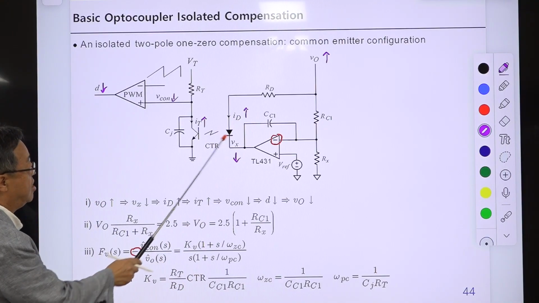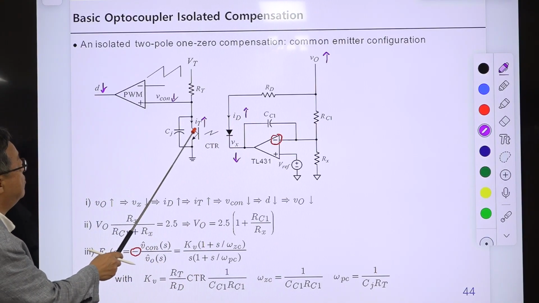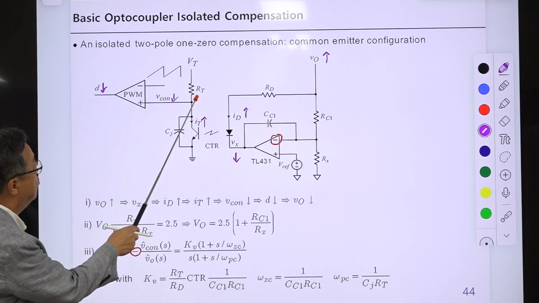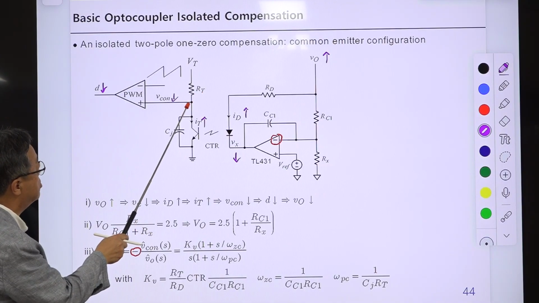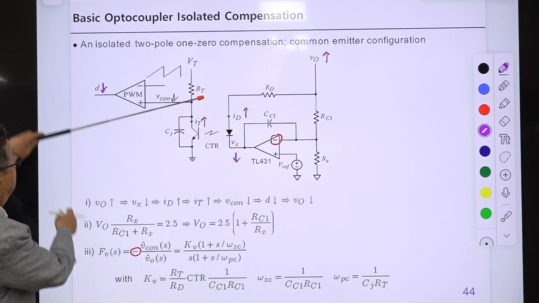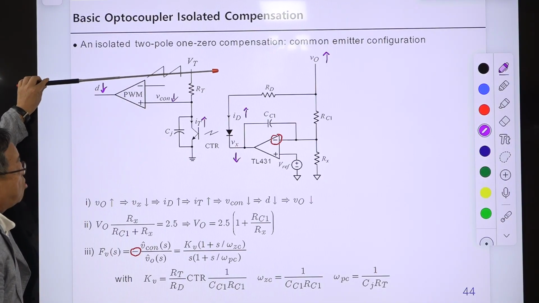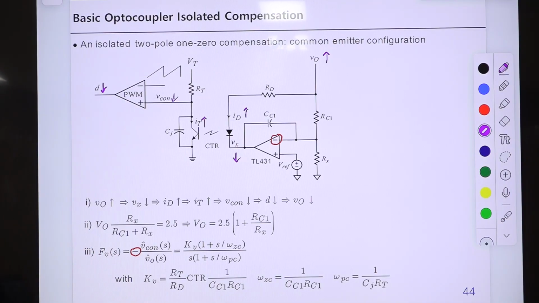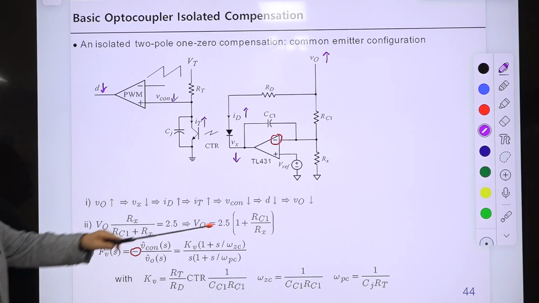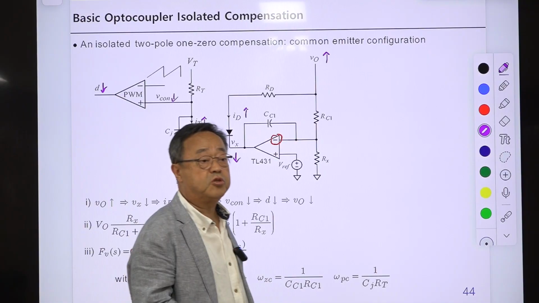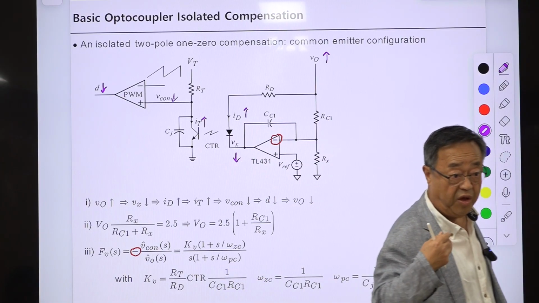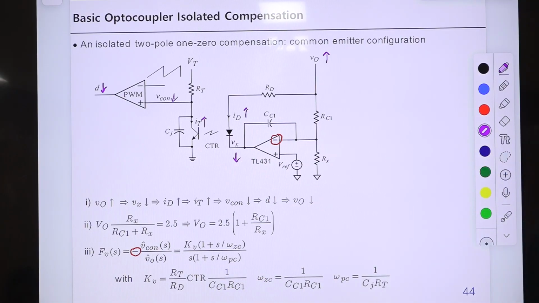There is a constant in between, and then the voltage drop will increase, so the voltage level will decrease, the width of the PWM signal will be reduced, D will be reduced, and the output voltage goes down. So if something goes wrong, there is a mechanism to fix it.